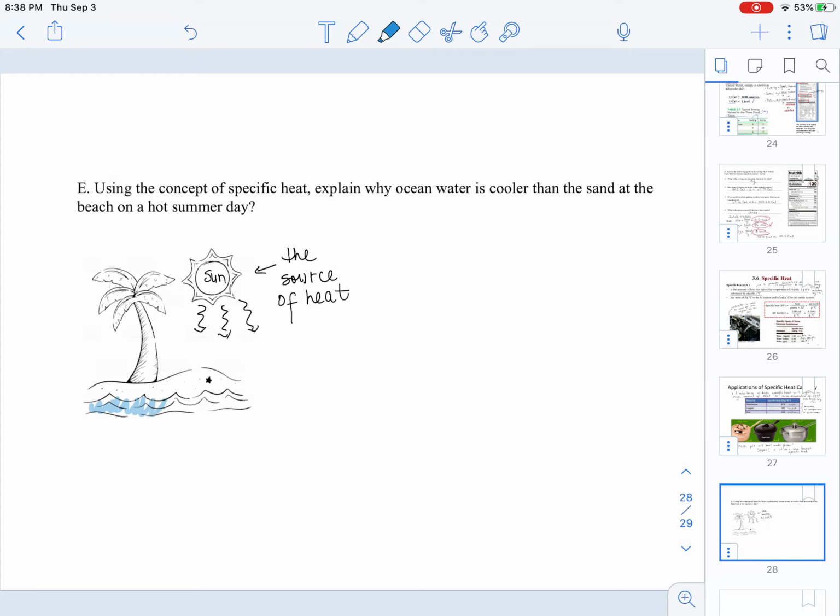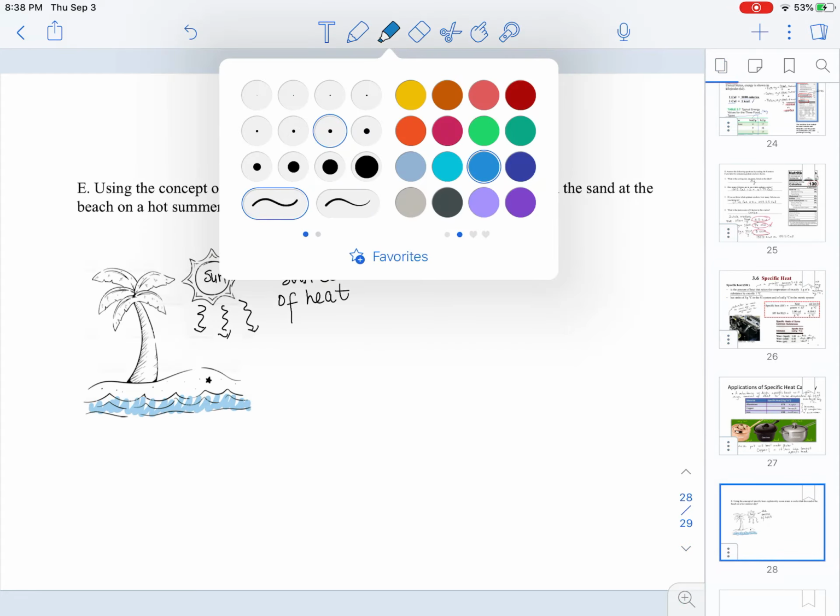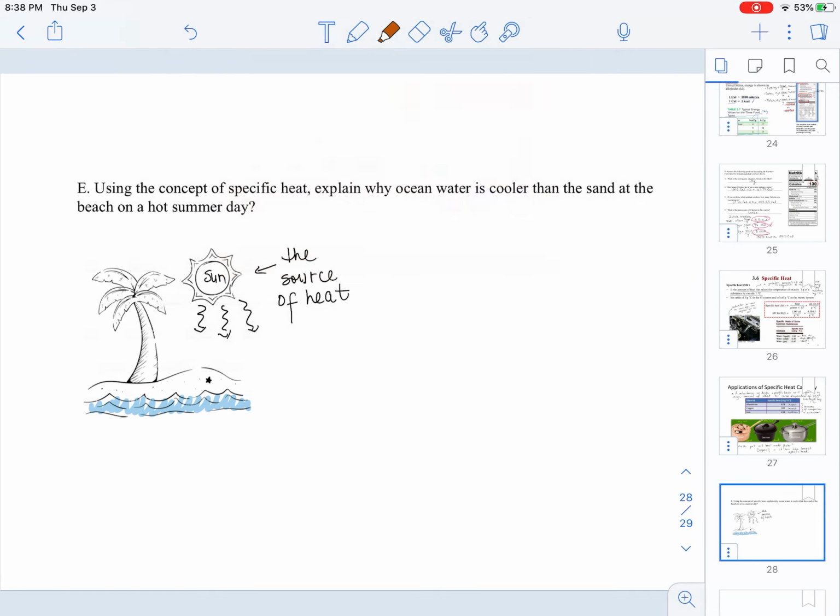So this is going to be my water. And let me just get a color for the sand. I'm not going to color the palm tree, but this is our sand. If you have gone to the beach on a hot summer day, you know that the sand is hotter than the water. Why is that?